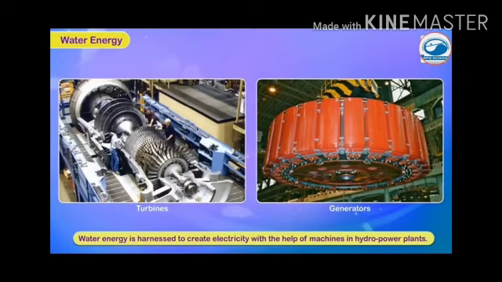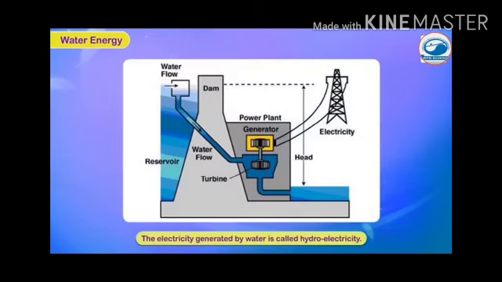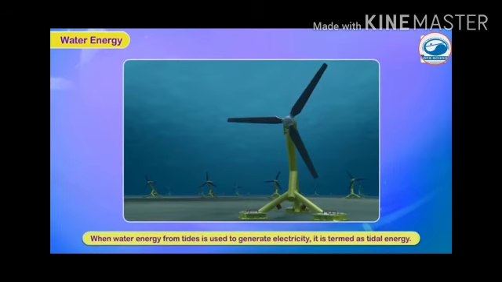In hydropower plants, the electricity thus generated is called hydroelectricity. When water energy from tides is used to generate electricity, it is termed as tidal energy.